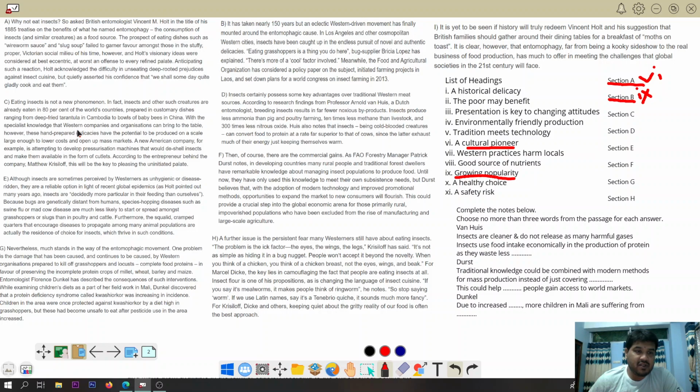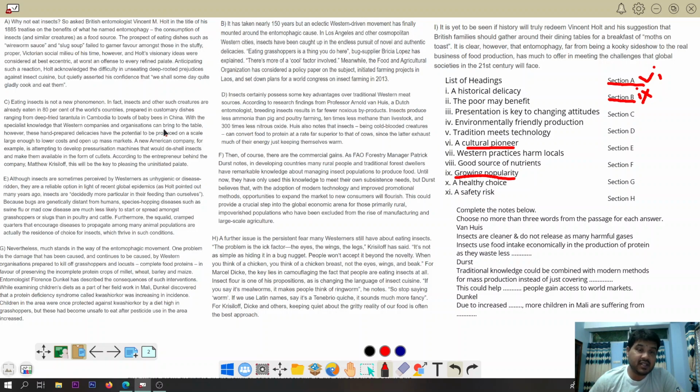With the specialist knowledge that Western companies and organizations can bring to the table, however, these hand-prepared delicacies have the potential to be produced on a large scale enough to lower costs and open up mass markets. In the next line, we can see that it is not only talking about past traditions or practices, but also about production in the modern era.